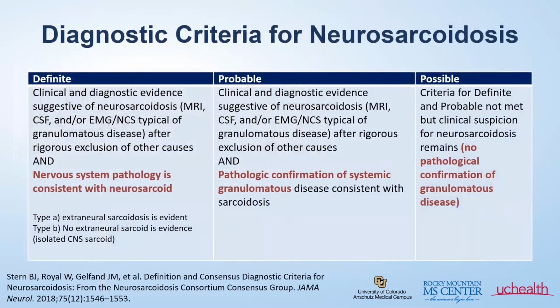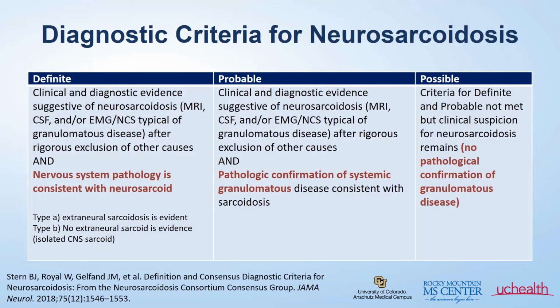There are specific diagnostic criteria for neurosarcoidosis. To make a diagnosis of definitive neurosarcoid, one must have a biopsy demonstrating that the nervous system is directly involved. For probable neurosarcoidosis, one must have a clinical syndrome that fits with neurosarcoid, as well as a tissue diagnosis of sarcoid somewhere else in the body.